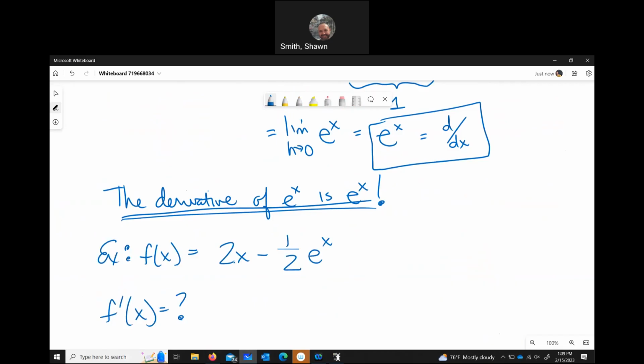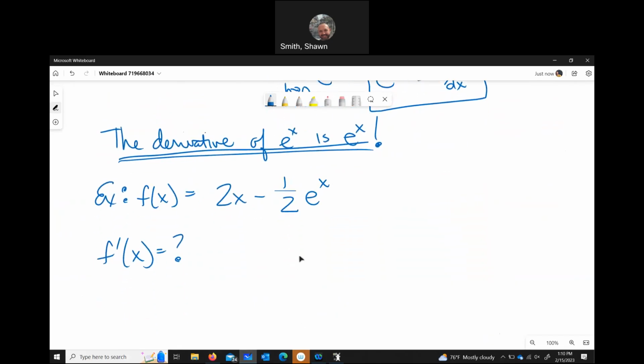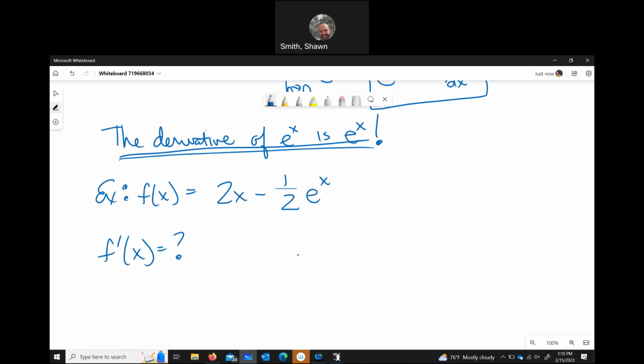So I'm going to take the derivative of the first minus the derivative of the second term. What is the derivative of 2x? Just 2. Think about it, if it's x to the first power, throw away the x, and it's just the coefficient that's left over, 2. And the derivative of minus 1/2 e to the x is minus 1/2 e to the x. That's it. That's your derivative. Very simple.